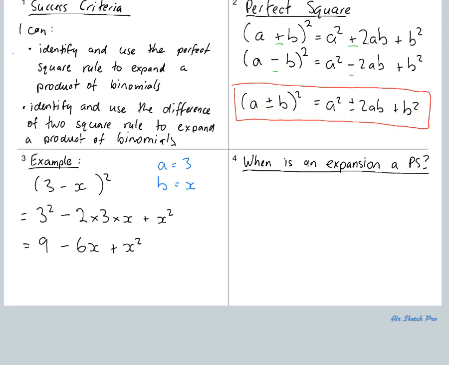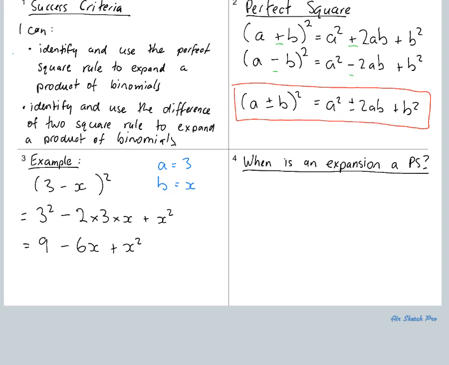Now, being able to use it means being able to readily recognize when an expansion can be done using the perfect square rule. That's the key to this whole experience, right? So if you can recognize that it is a perfect square problem, then you can use the perfect square rule.